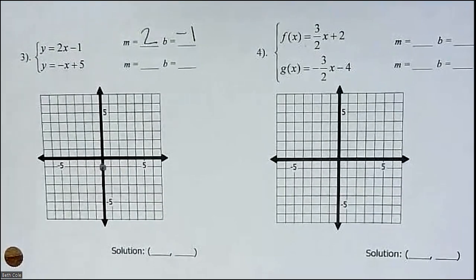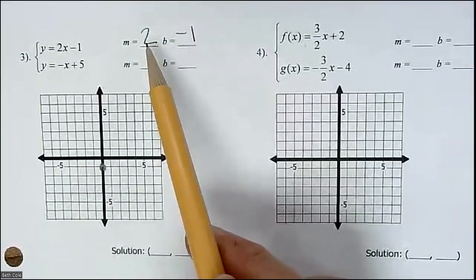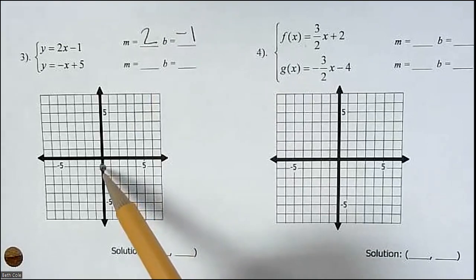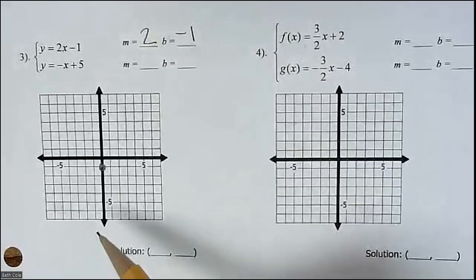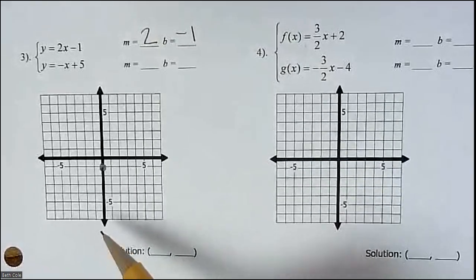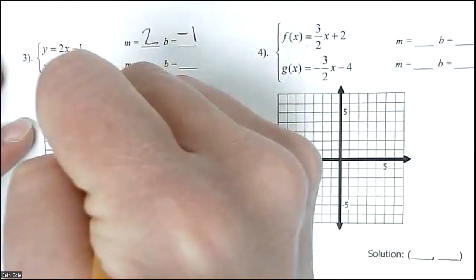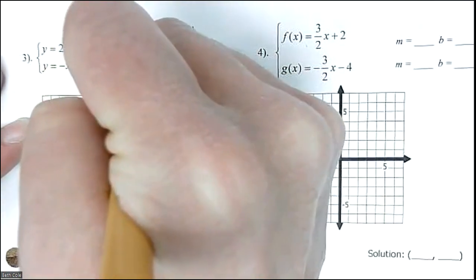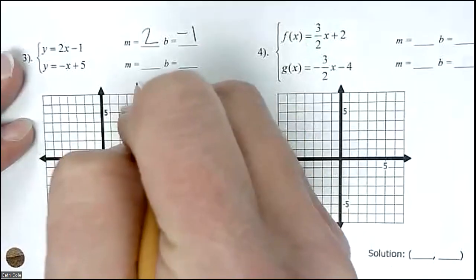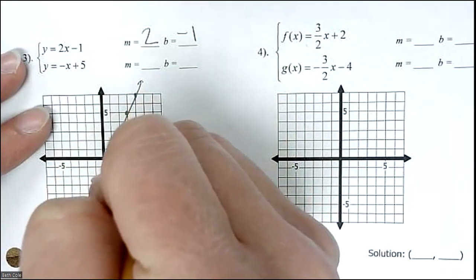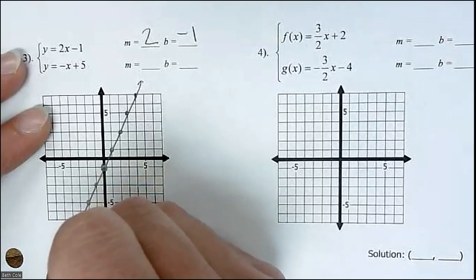You've got to listen to me. And then your slope of 2, from that point, what direction do you go for a slope of 2? Up 2 over 1. How many points have I always told you to plot? All of them. The reason I've always said that is for this topic right here.